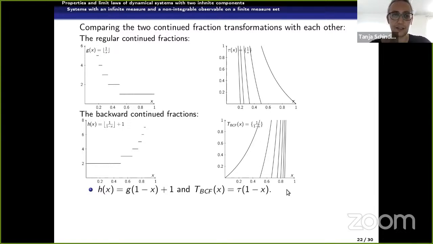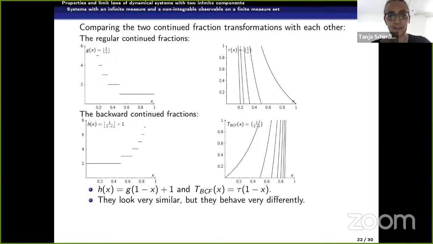So the observable and the transformation can easily be written vice versa by the regular and the backward continued fraction. And as said, they look very similar, but they behave actually quite differently.